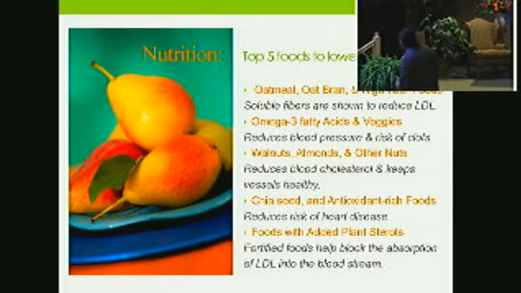Now, omega-3 fatty acids in veggies, of course, nuts like almonds, walnuts, other nuts, any nuts, get your hand on nuts. Chia seeds, antioxidant-rich foods, foods with added plant sterols. Now, another thing with some of this food is that, in my humble opinion, it doesn't put a heavy burden on your GI system.